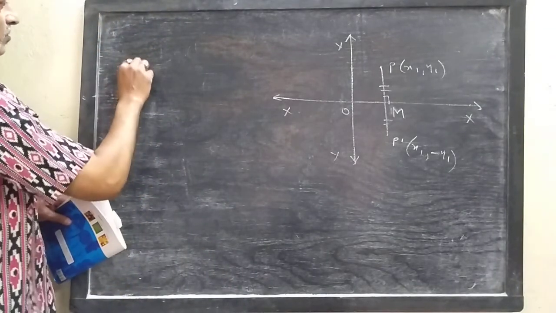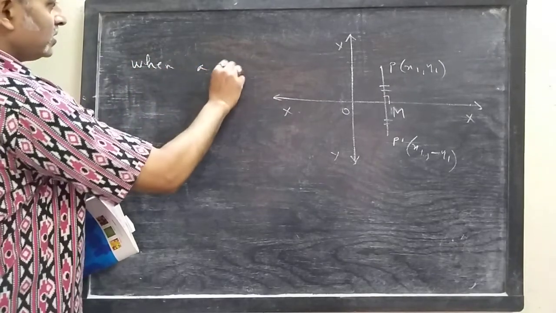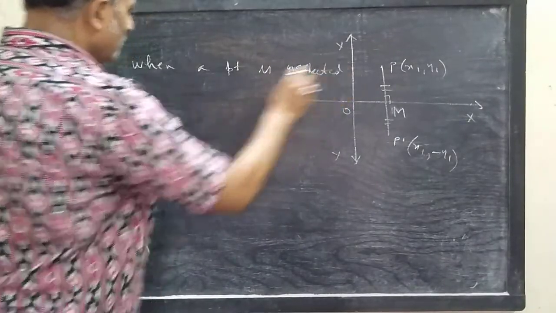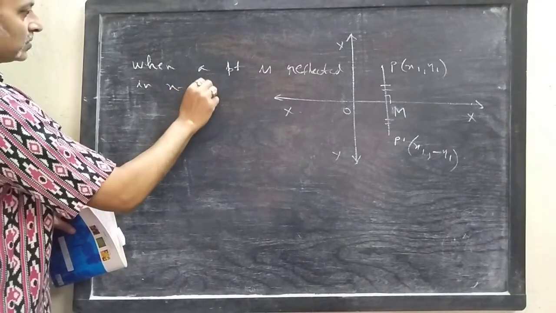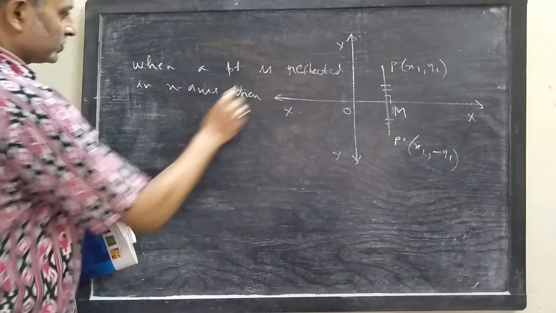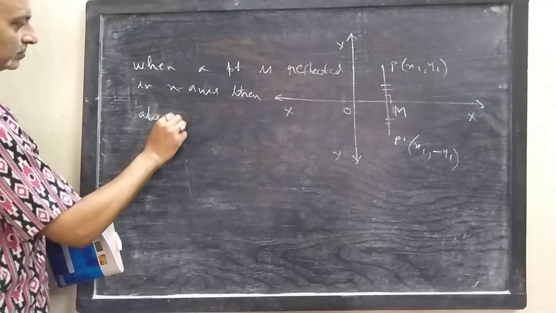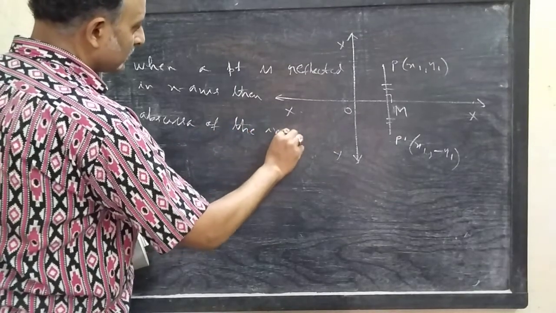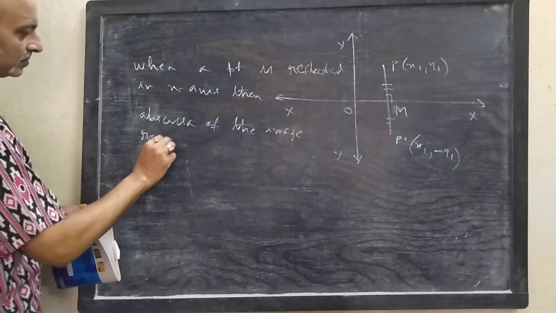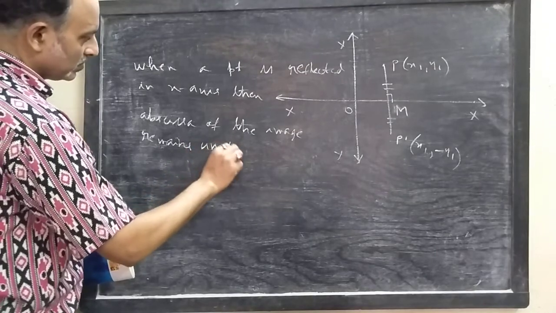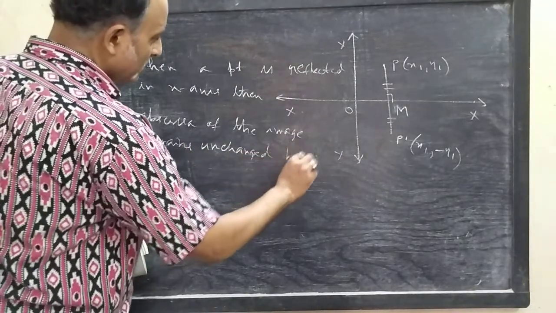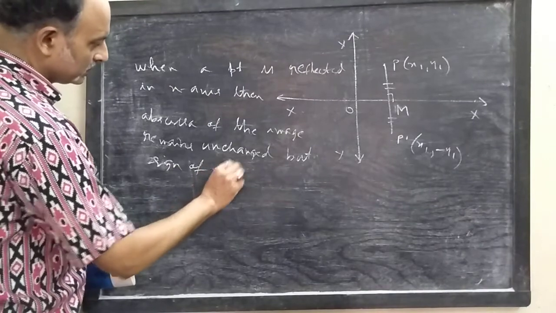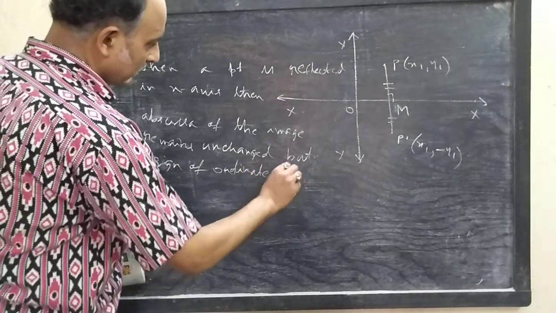So write down: when a point is reflected in the x-axis, then the abscissa of the image remains unchanged but the sign of the ordinate is changed.